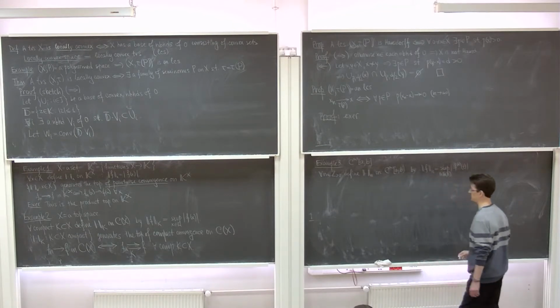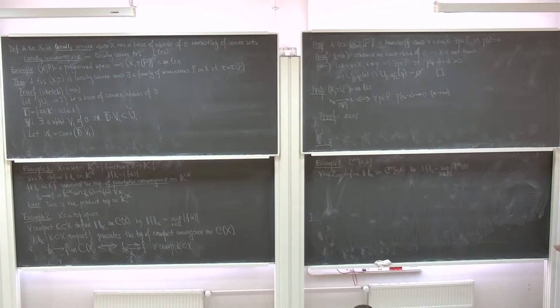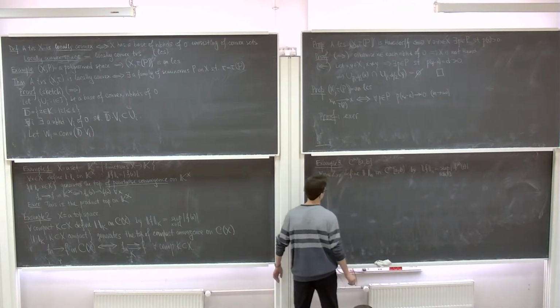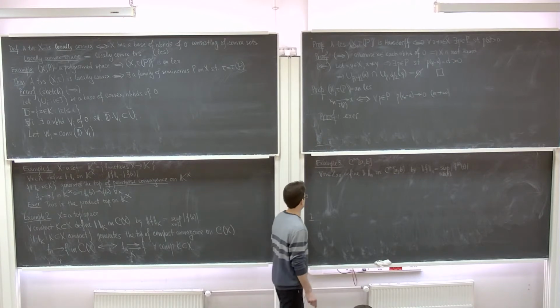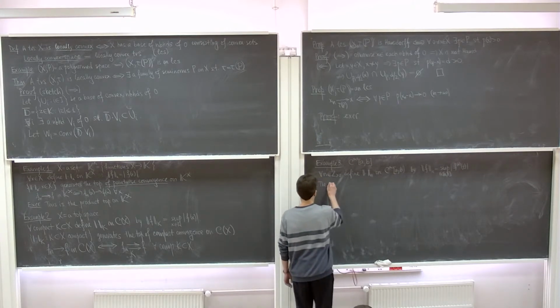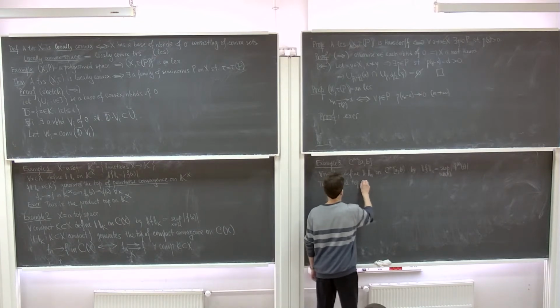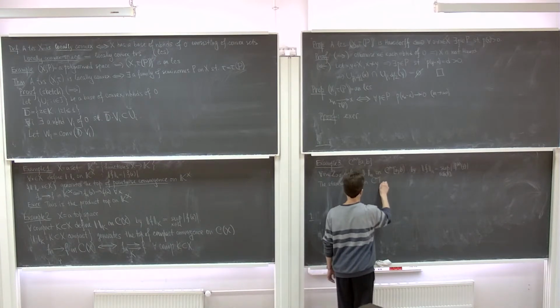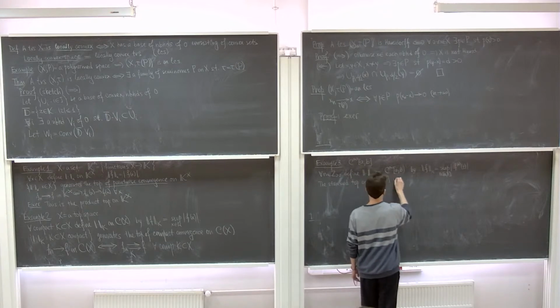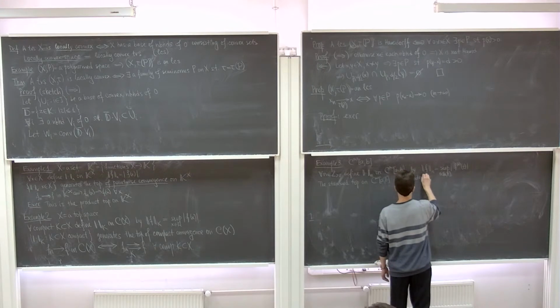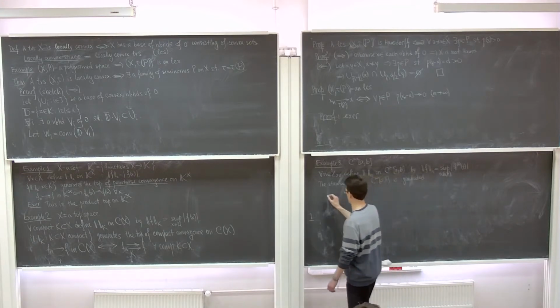So if n is 0, then this is just the usual supremum norm. And if n is positive, then this is a seminorm. And the standard topology on the space of smooth functions on the interval [a, b] is generated by the family of all such seminorms.